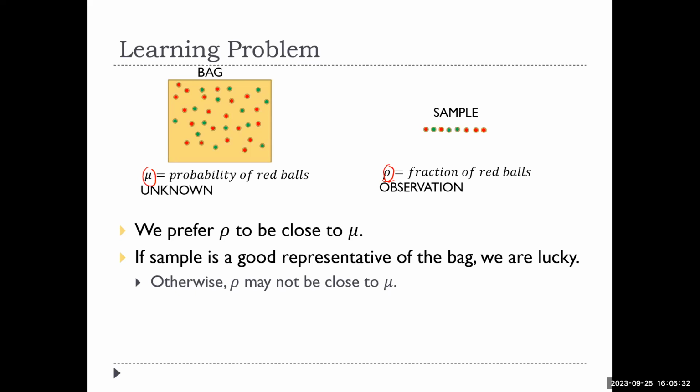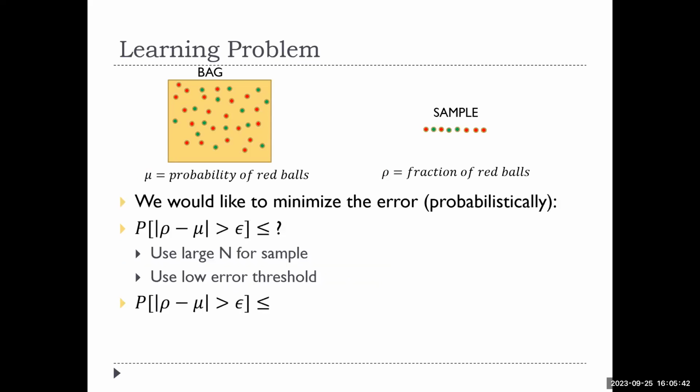But the question is, I don't know mu. It's not given. If you know mu, you can solve the problem. What we would like to do now is, I don't know mu, but can I limit the error?